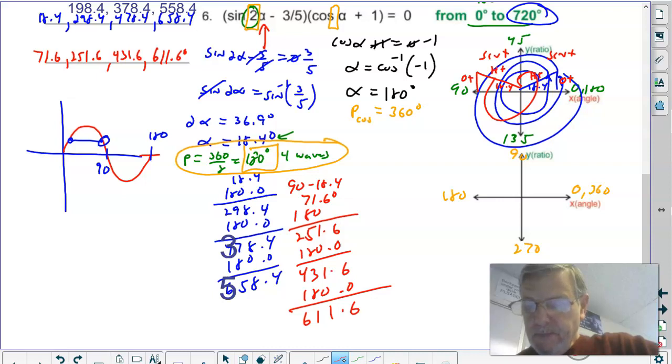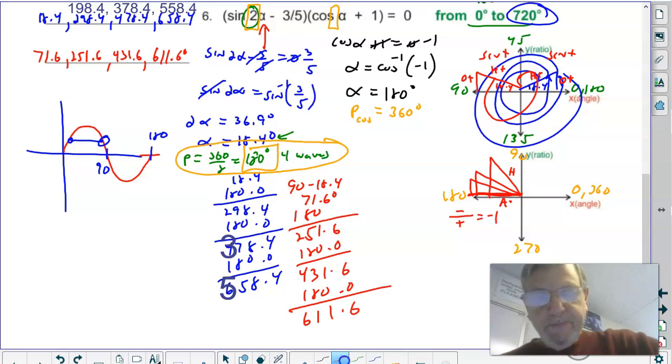The adjacent is getting longer, until finally you hit this axis, and you have a negative adjacent over the same value of a positive hypotenuse, which gives you a -1 at 180.